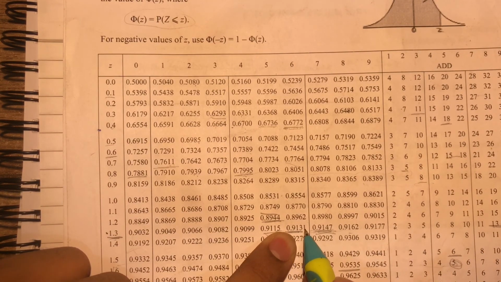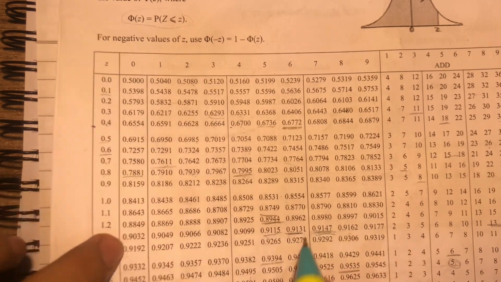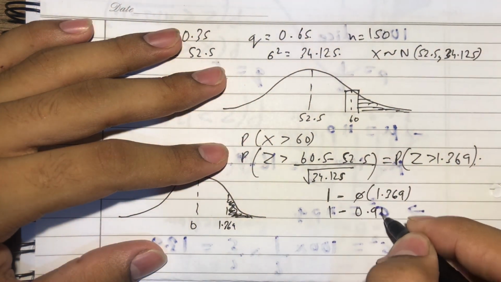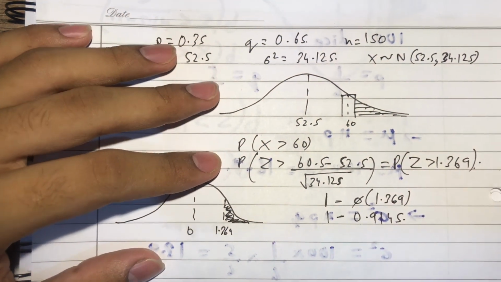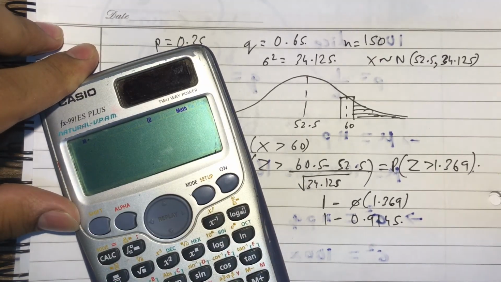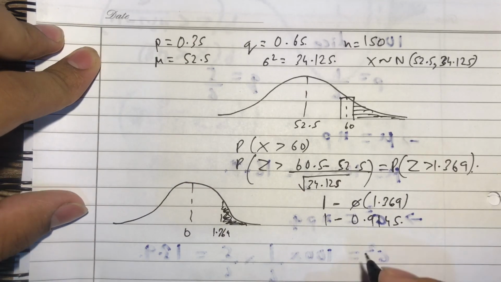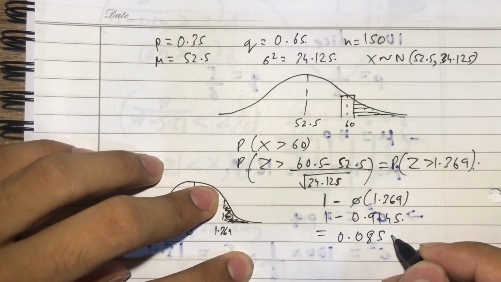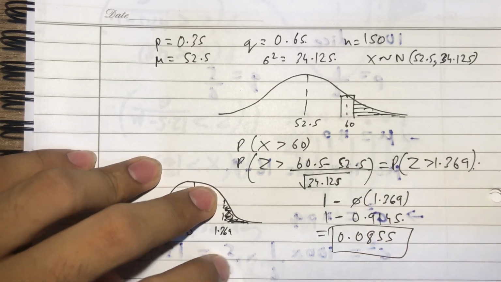So first I'll add 4, 0.9135, and then add 10, 0.9145. So 1 minus 0.9145 is 0.0855. That's the second part's answer.